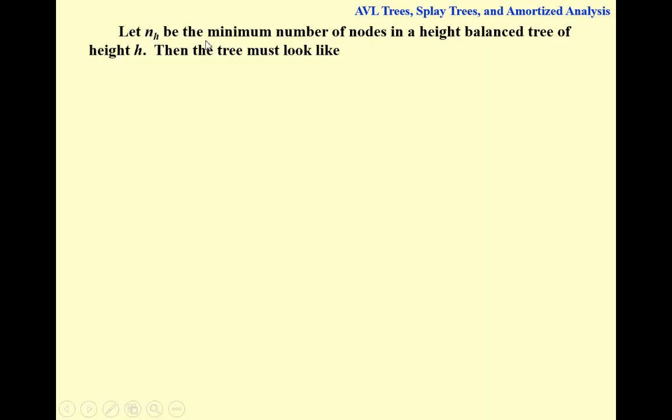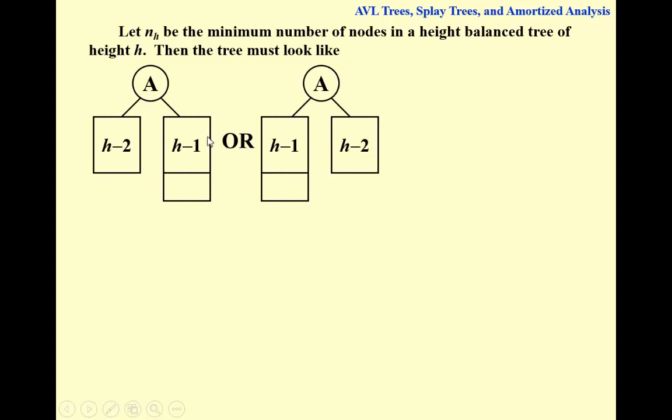So n sub h is the minimum number of nodes in a height balance tree of height h. Then this tree with minimum number of nodes must look like either this or this, right? They must not be perfectly balanced because we're talking about the minimum number of nodes.